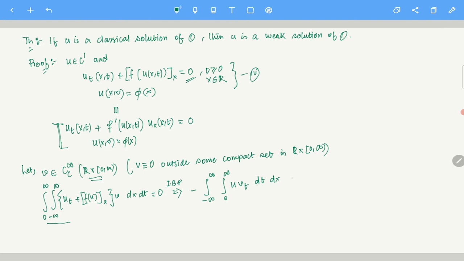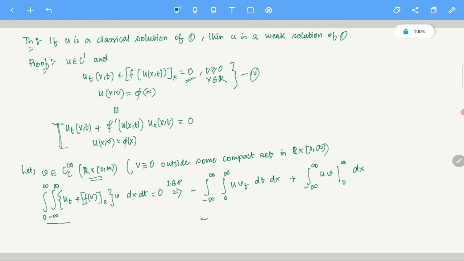Plus the integral from minus infinity to infinity of u v of (x,t), with t running from 0 to infinity, dx. So that is the first term.